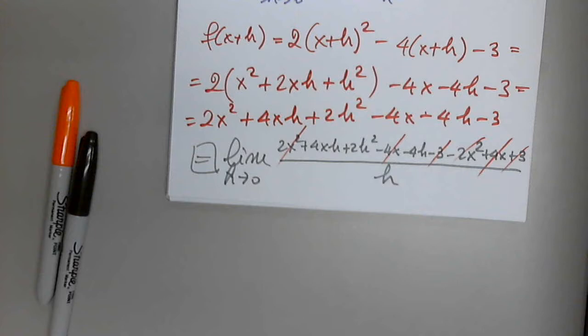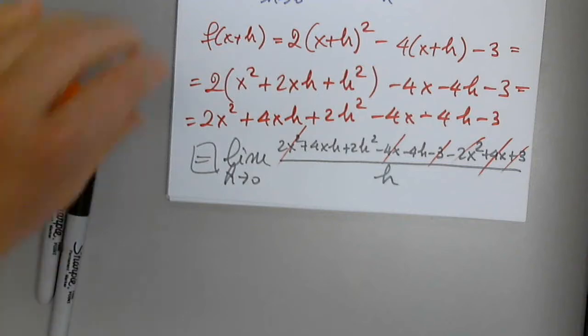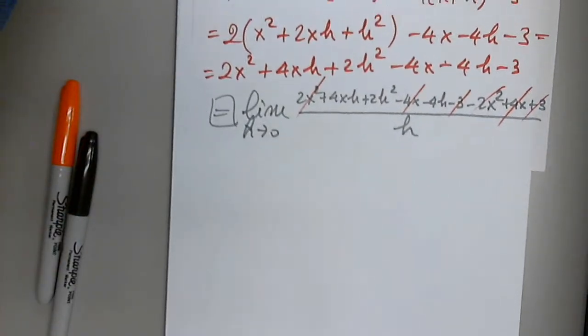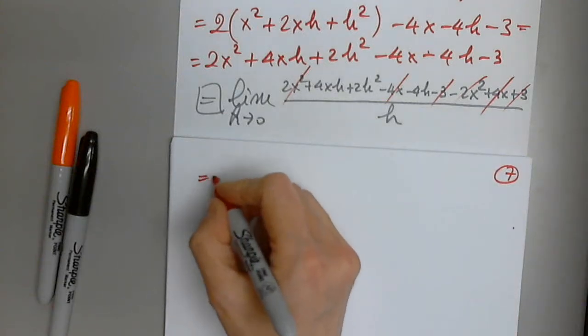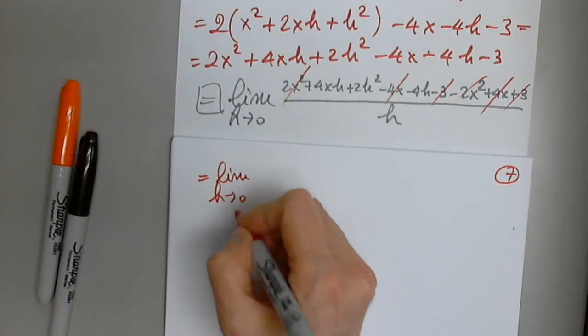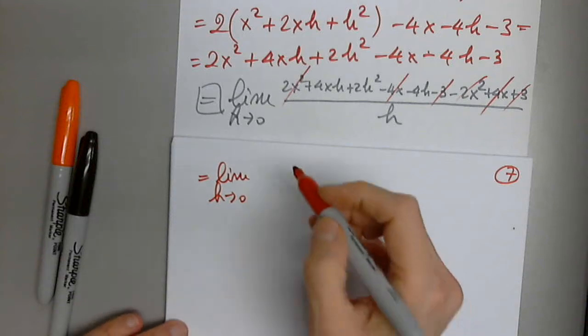The remaining terms must have h in common. If they don't, I will never be able to cancel or simplify this, and I'm not on the right track. Something is wrong. So the 3 remaining terms have h in common because everything without h went away. So then limit as h approaches 0. Let's factor out h at the top.